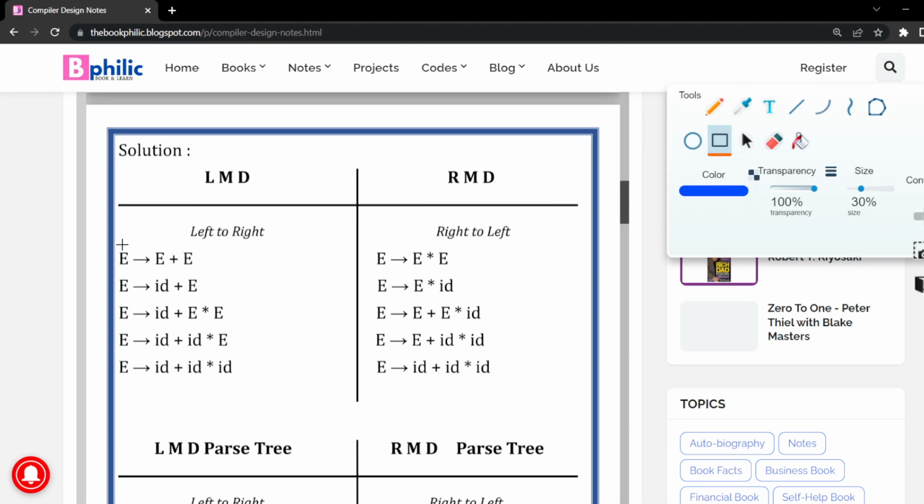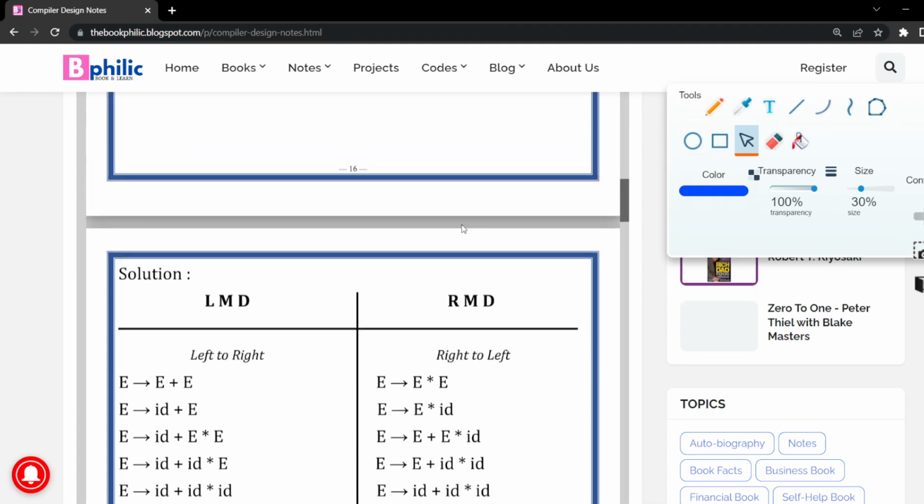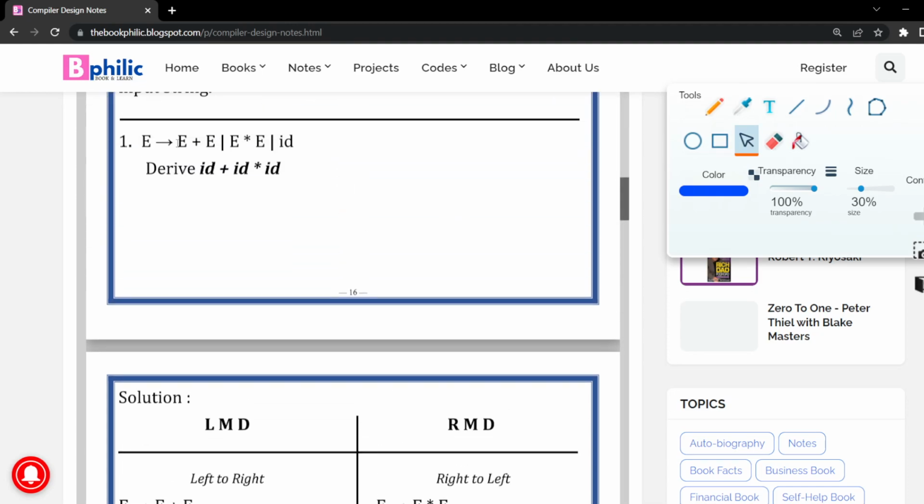Let us move on to the next things. First of all, we have to check what we are given. We are given E plus E and E star E. As we discussed in the previous video, we first take this capital E plus E and then E star E. In this way we will be deriving the ID plus ID star E.